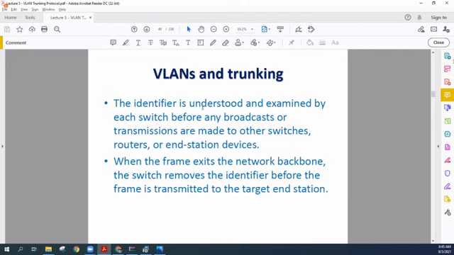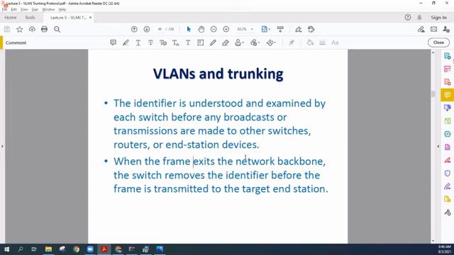The identifier is understood and examined by each switch before any broadcast or transmission is made to the other switches, routers, and station devices. Always look into the tag before taking any initiative.